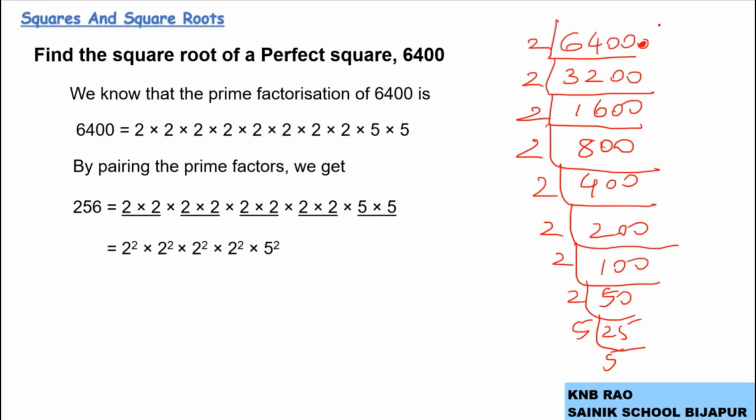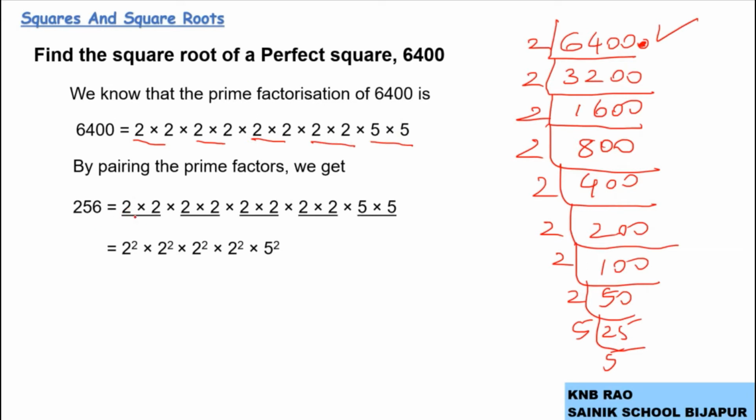After doing this process and writing 6400 as 2 into 2, 2 into 2, 2 into 2, 2 into 2 into 5 into 5, that means we have got 2's in number 8 times, 5 in number 2 times.